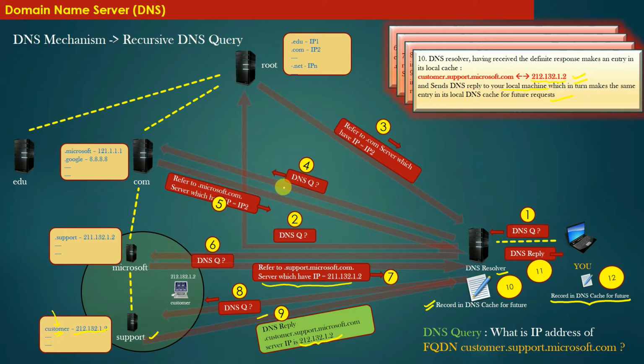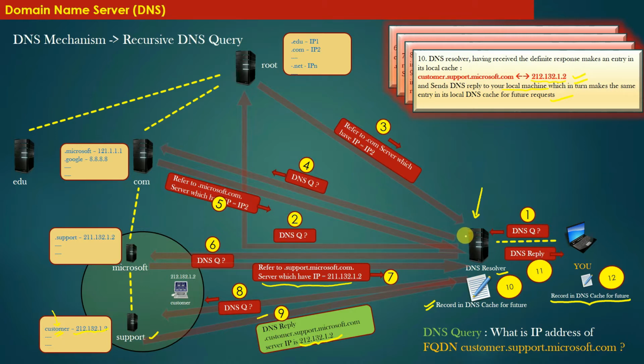So this is the complete mechanism of how a recursive DNS query is resolved by the DNS system. If you analyze this in a little detail, you will realize that the DNS resolver actually takes the responsibility to get the final definite answer to the DNS query it is trying to resolve. The DNS resolver keeps on sending the DNS query to the subsequent DNS server again and again until it receives the final definite answer to its DNS query.